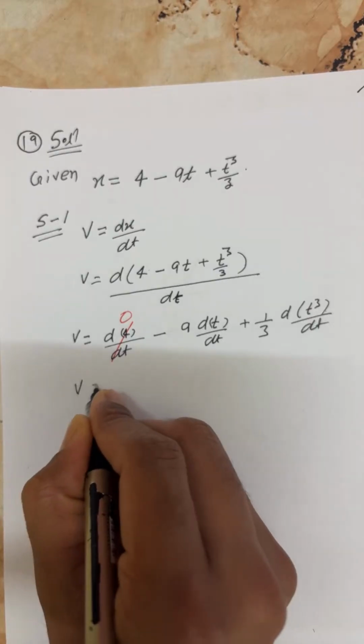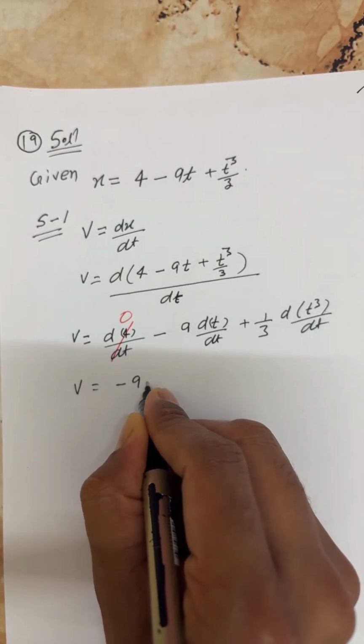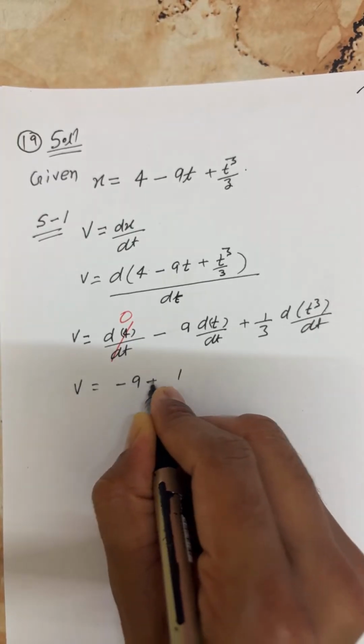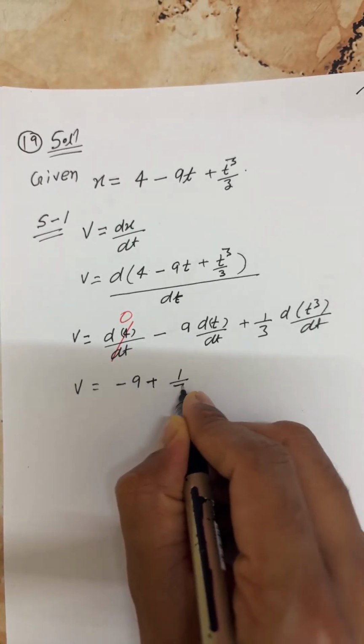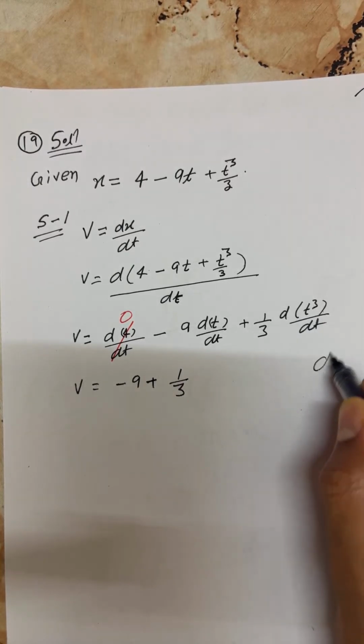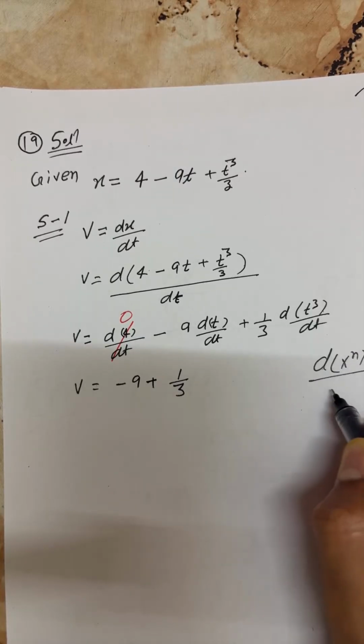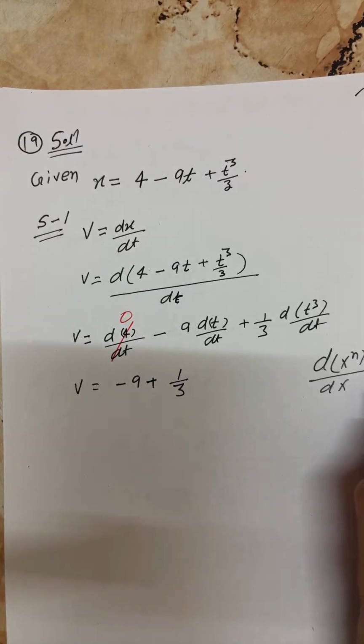So you can write velocity is equal to minus 9 plus 1 by 3, as usual the constant, so no need to worry about that, times the differentiation of t cubed. Once I'm writing the formula here: differentiation of x to the power n with respect to x is n into x to the power n minus 1.